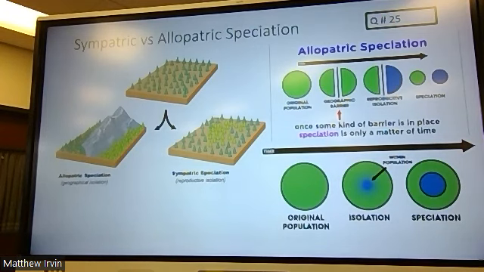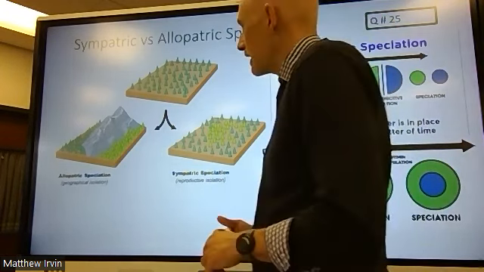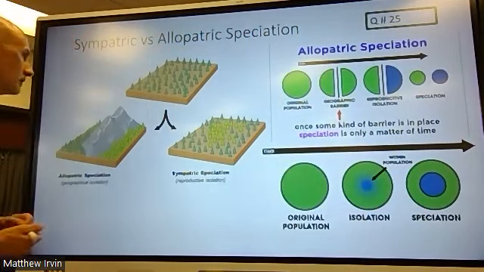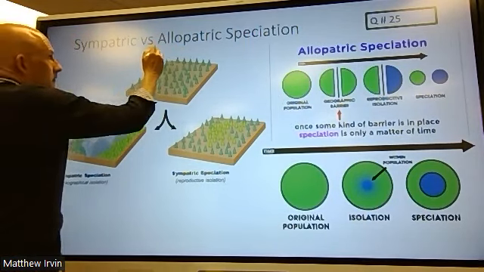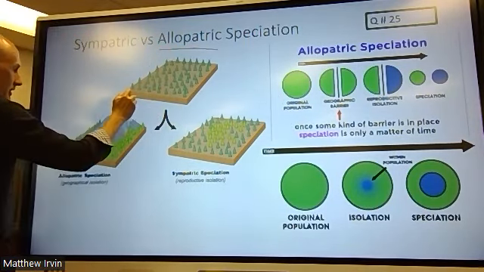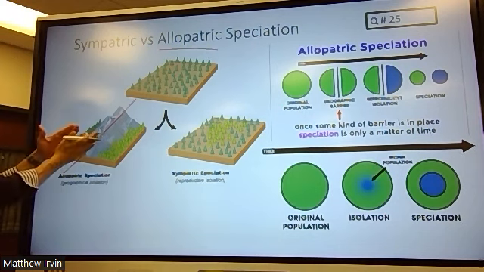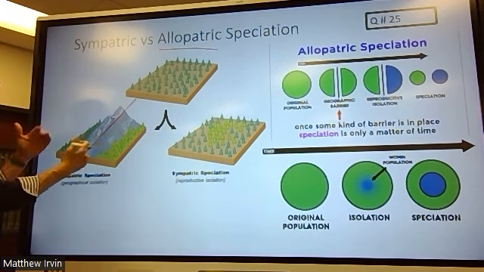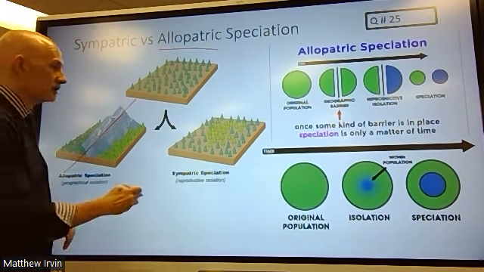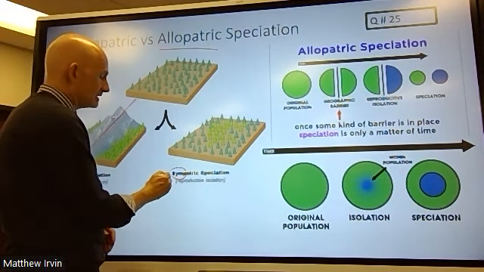Different ways that things will speciate. You can have sympatric and allopatric speciation. So with allopatric, we are separating: you get a mountain range, or plate tectonics, etc., and then the species differentiate. If it's sympatric, it happens within the species.